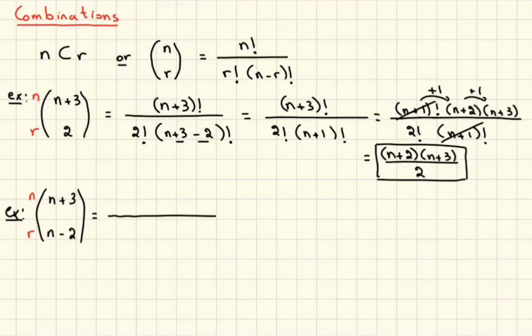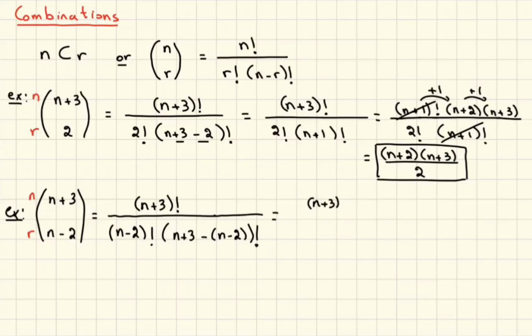Let's apply the rule using n plus 3 and n minus 2. So instead of n we have n plus 3, instead of r we have n minus 2, and n minus r will be in this case n plus 3 minus, and here we need to pay attention. So minus r is all of this, n minus 2, I need to keep it in parentheses.